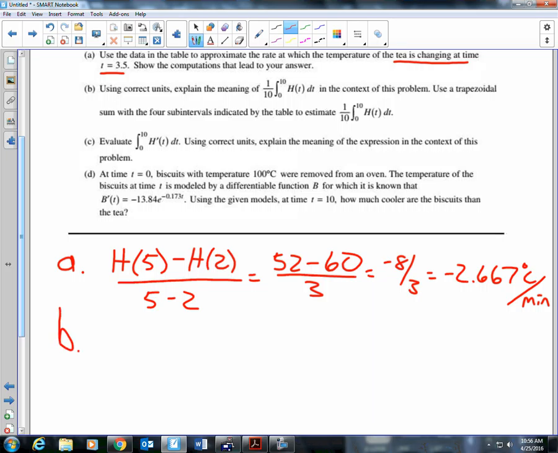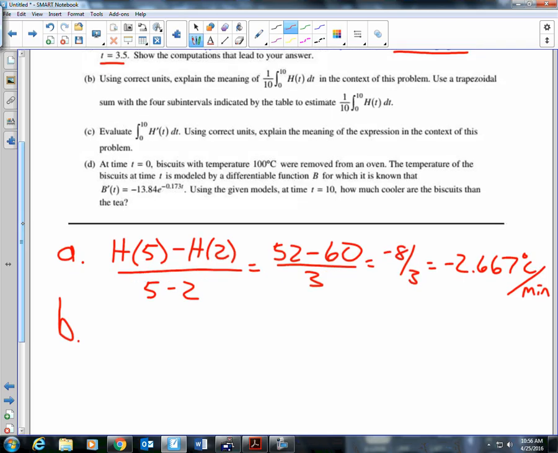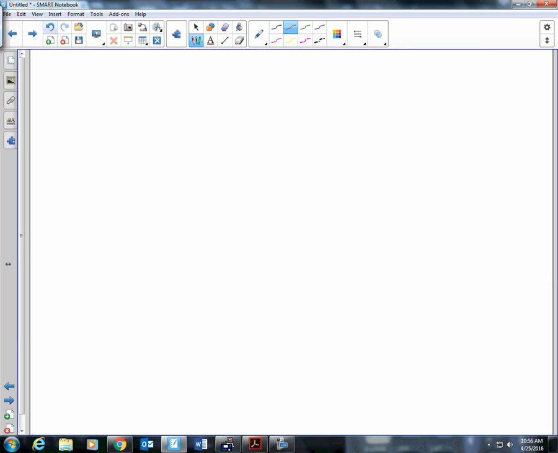Part B says, using correct units, explain the meaning of 1/10 times the integral from 0 to 10 of h of t dt in context with the problem. What does it mean? This is area, the integral. Remember what it means when we multiply it by 1 over the width?